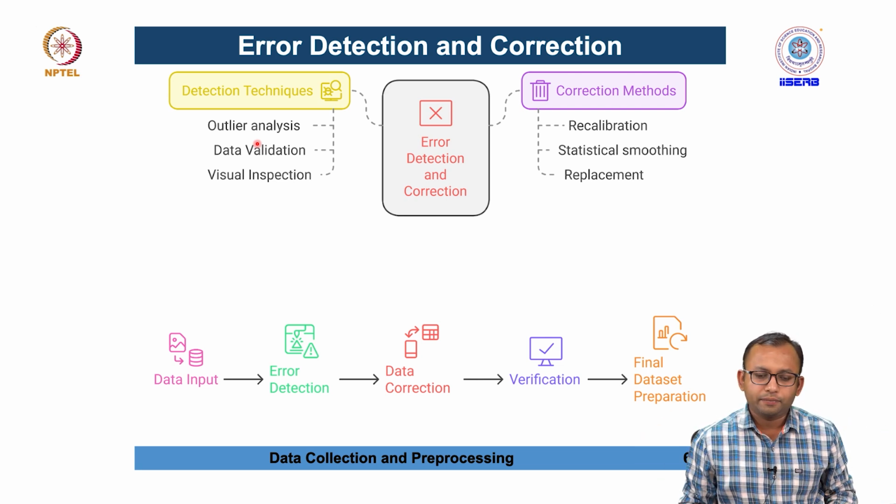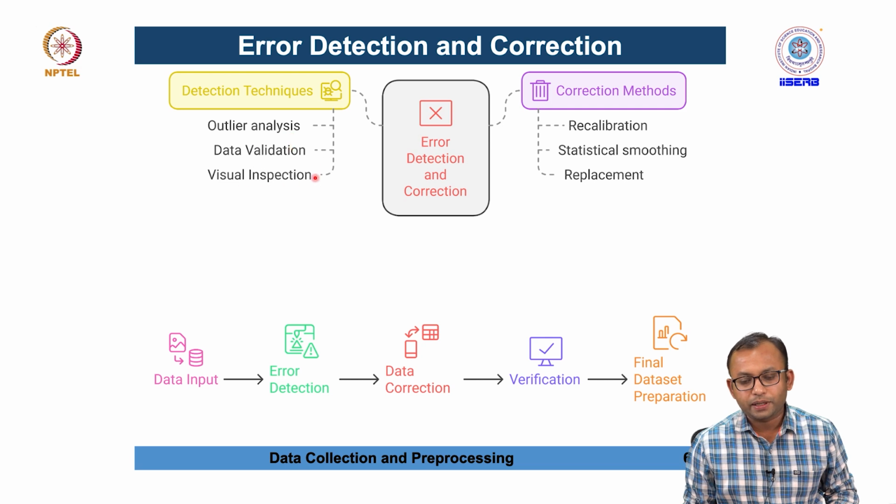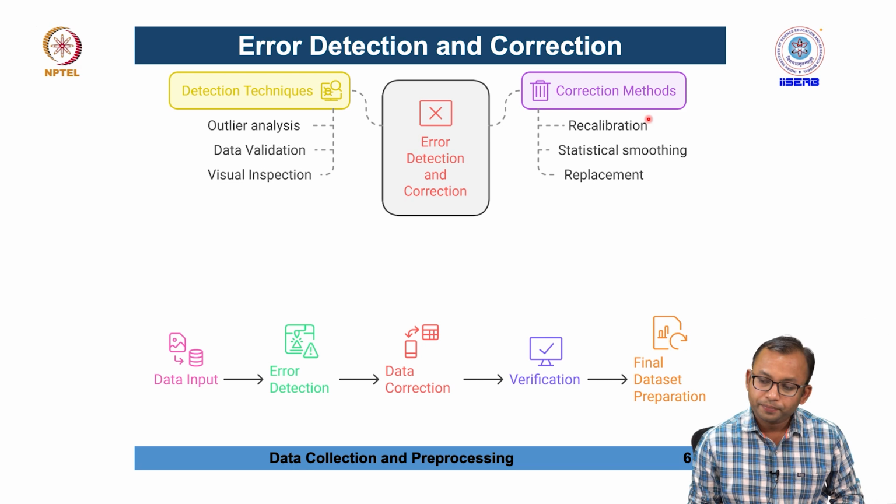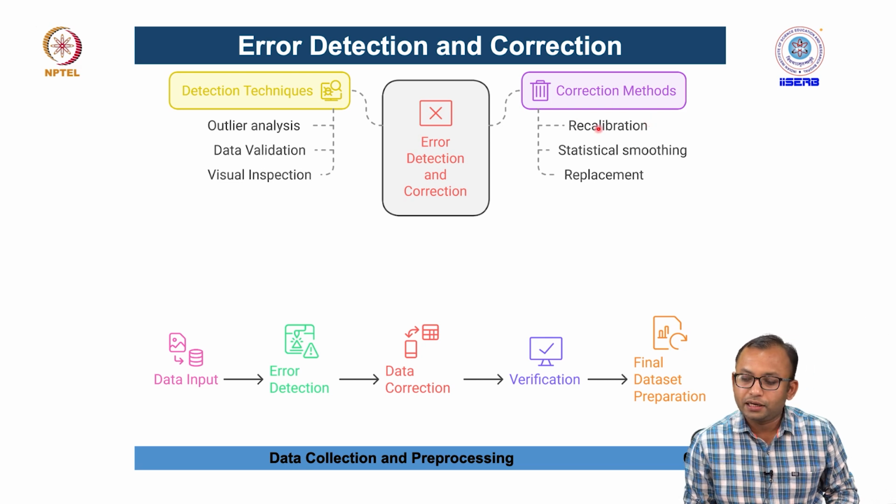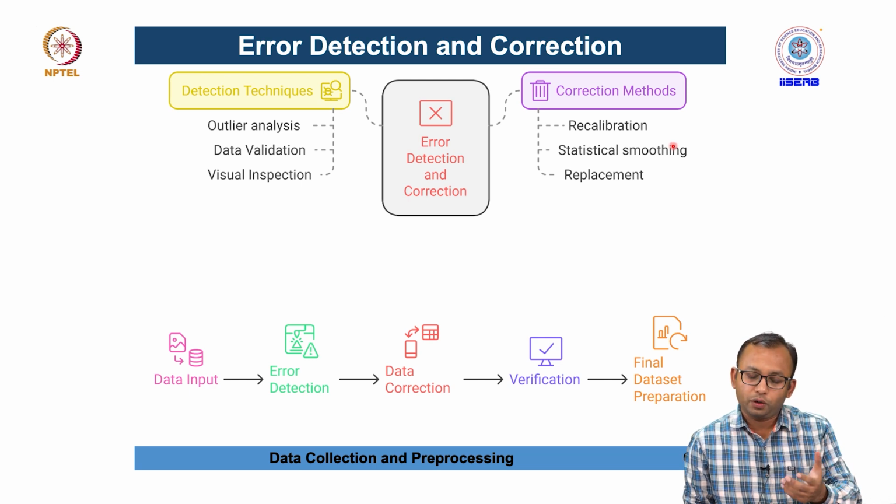There are also data validation and visual inspection. We can use all these different techniques to detect errors in the data, and then we can use some recalibration of the data with statistical smoothing or removing the outliers, whatever maximum or very minimum values we have in the data set.